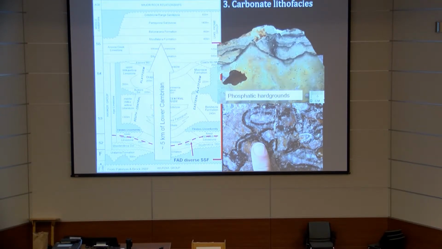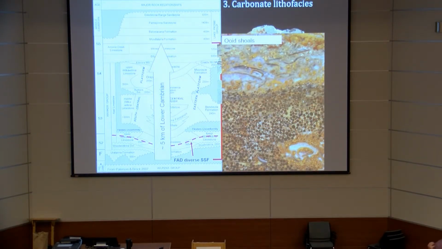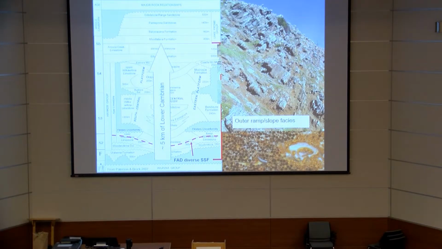We get hard grounds. Phosphatic hard grounds are common in many lagoonal deposits. We have shoal banks. We have beautiful bioclastic grainstones. So the wide range of environments here all have, of course, their own particular suites of shelly fossils associated with them, and we're starting to get a handle on this right at the moment.